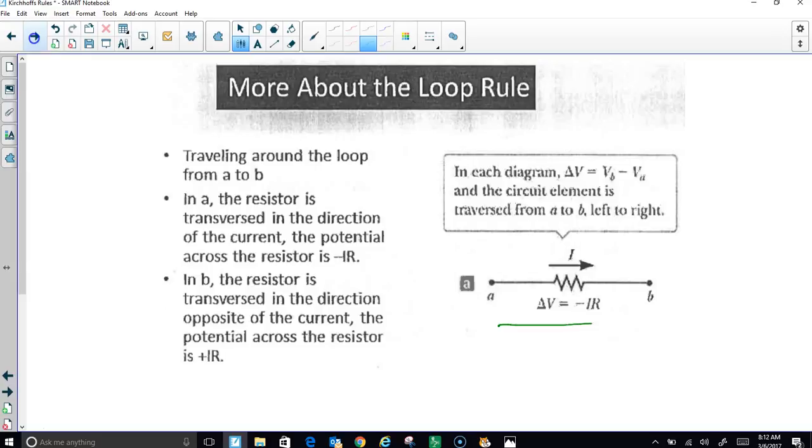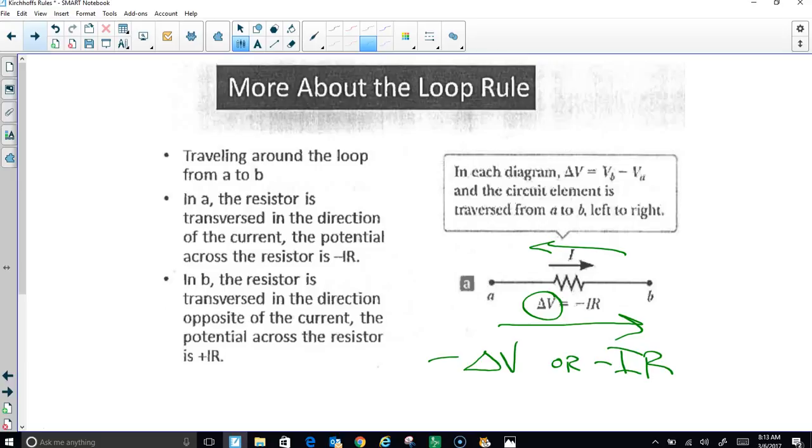So if I'm traversing it this way, that's going to be a drop. If I was going this way, it actually would be a rise, it would be a positive. Also, notice that because of Ohm's law, another way to look at that voltage drop, let's say it's a negative drop, instead of writing that, I could write I times R for that resistor.